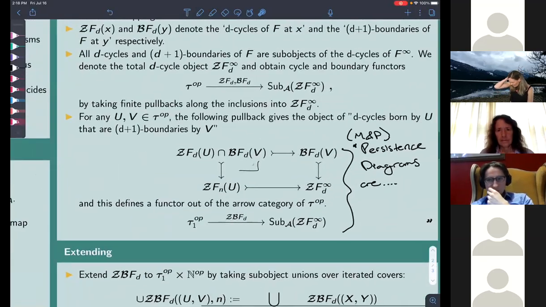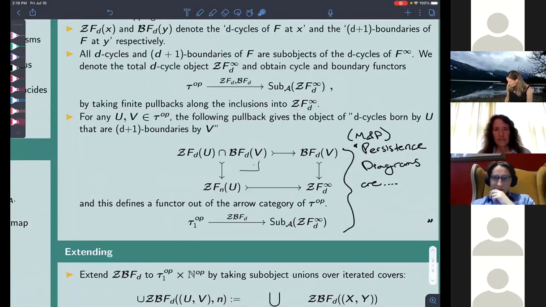You extend these D cycles and D+1 boundaries to these open sets by taking finite intersections, since you started with a finite lattice. And these are pullbacks along the inclusions into the total cycle sub-object.